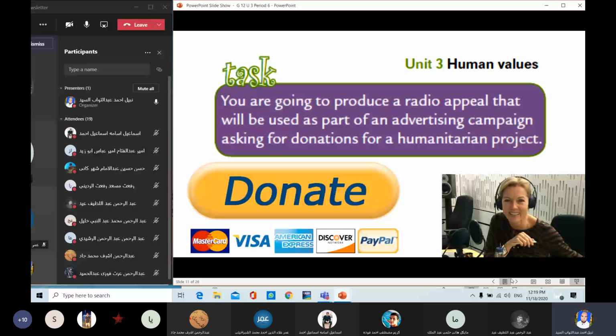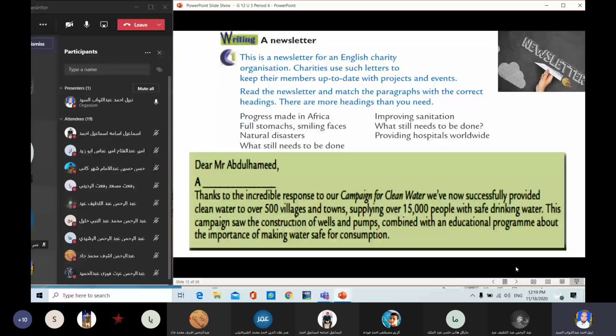Now, this is a newsletter for an English charity organization. Charities use such letters, as we mentioned. Why? To keep their members up to date with projects and events, and to ask for support or to talk about their projects. Now you are going to read the newsletter and match the paragraphs with the correct headings.